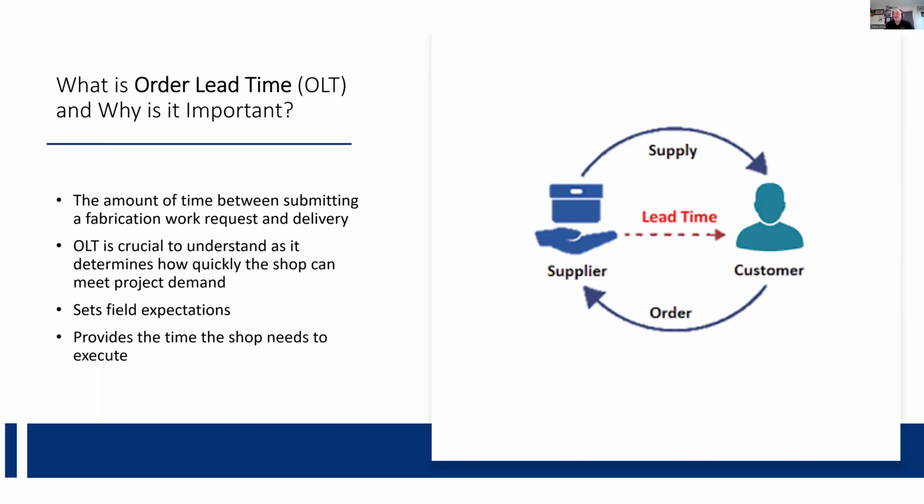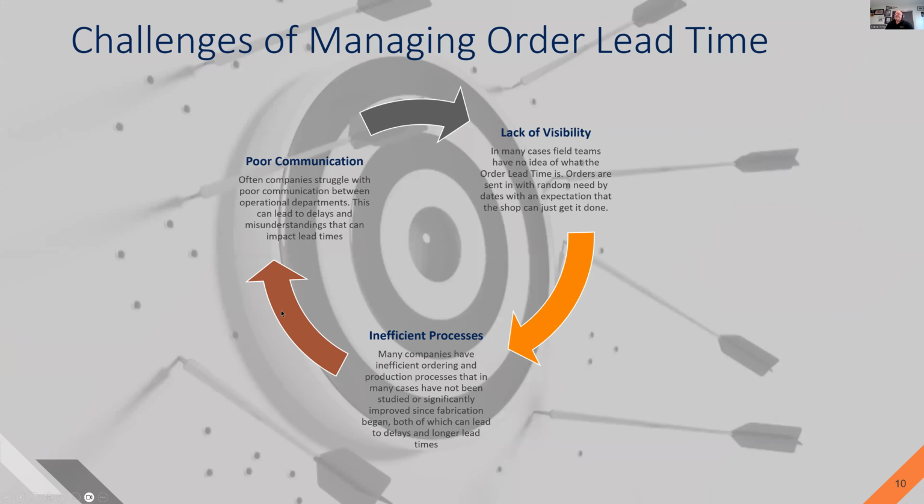But at the end of it, without lead times and the ability to properly schedule and execute, it's just a fire inside the shop all the time. And it's really difficult long term to work in that kind of environment and be successful. So these are some of the reasons why I think this order lead time is super important here.